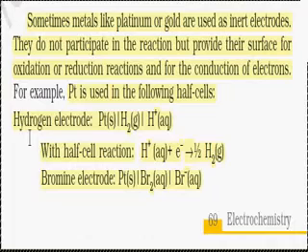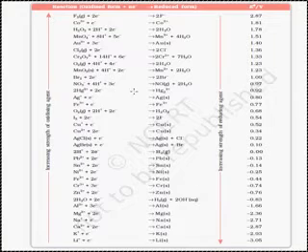They have given you the examples of hydrogen electrode and bromine electrode. This is table 3.1 of your textbook. Now it is difficult to get the whole table on the screen, so you can use your textbook for more clarity.